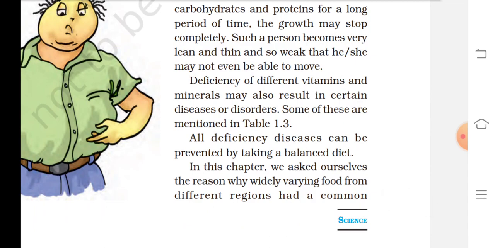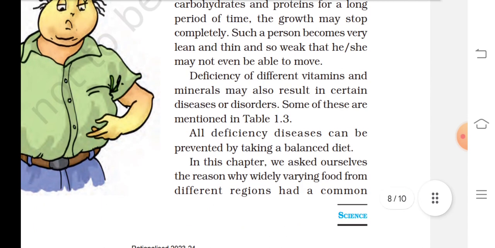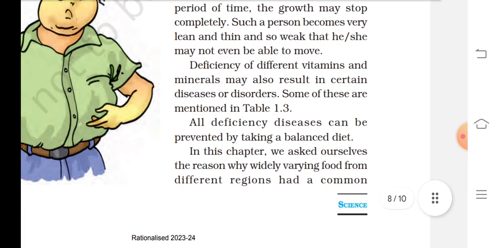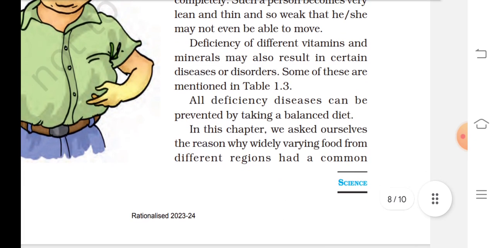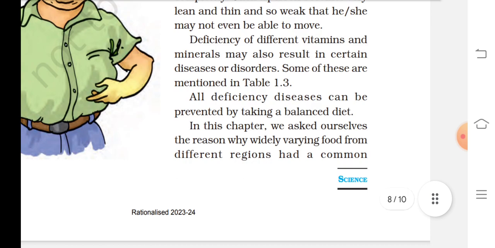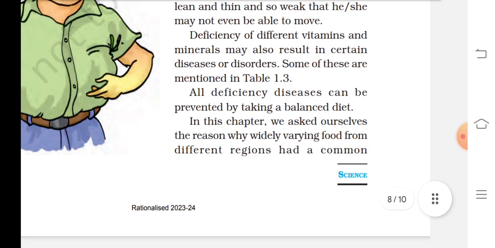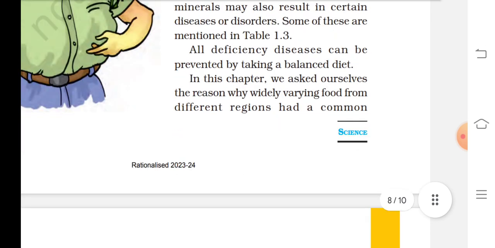Such a person becomes very lean and thin and so weak that she may not even be able to move. Deficiency of different vitamins and minerals may also result in certain diseases or disorders. Some of these are mentioned in Table 1.3. All deficiency diseases can be prevented by taking a balanced diet.